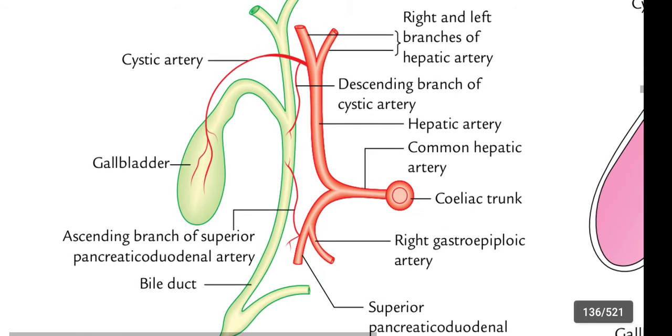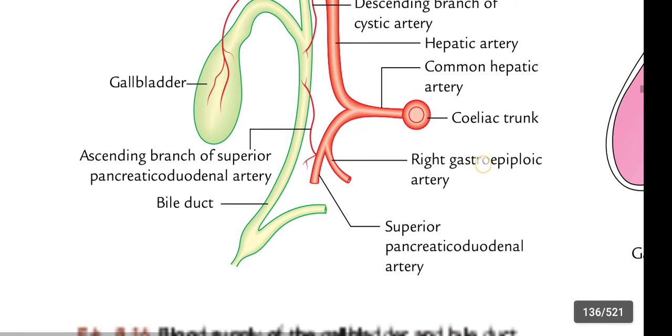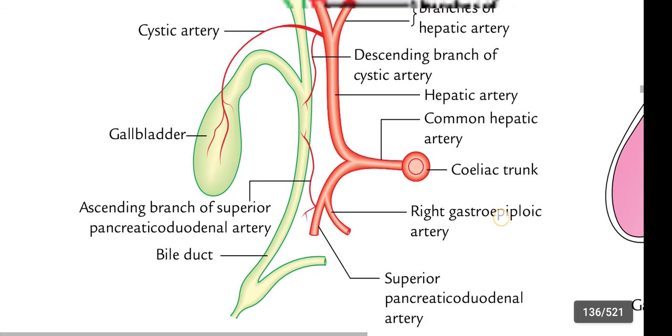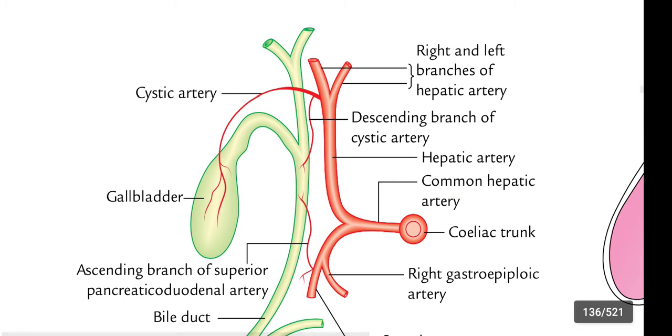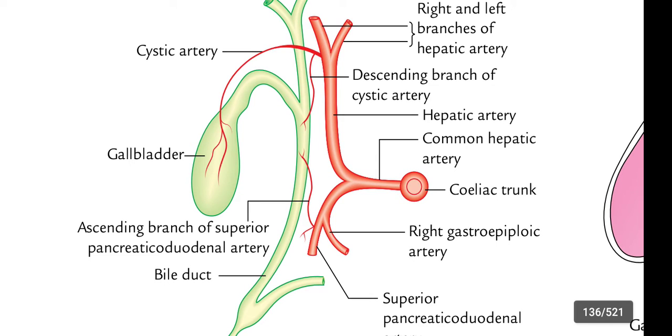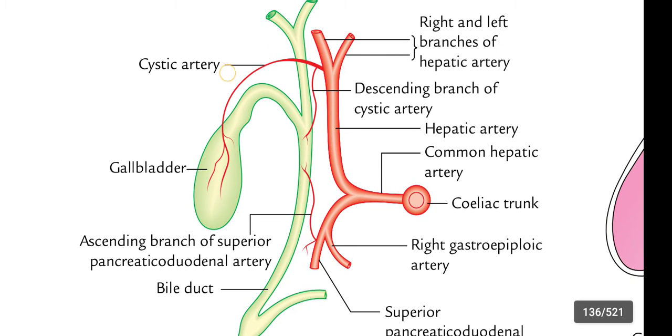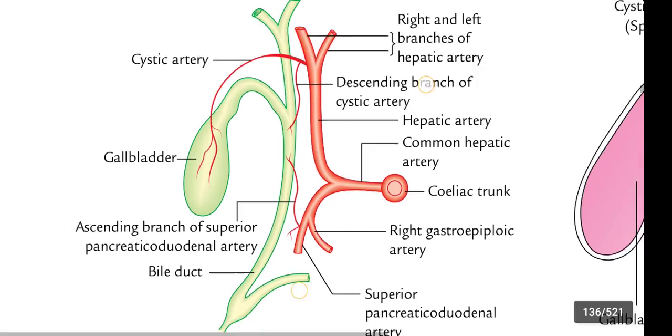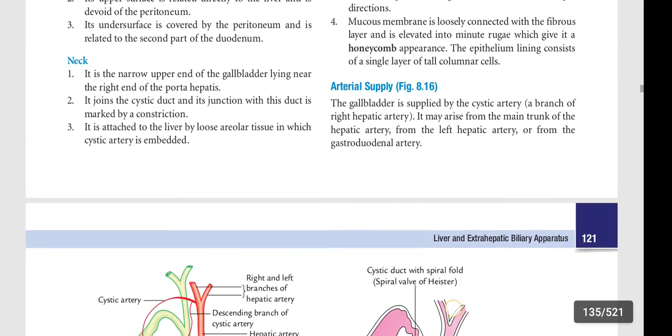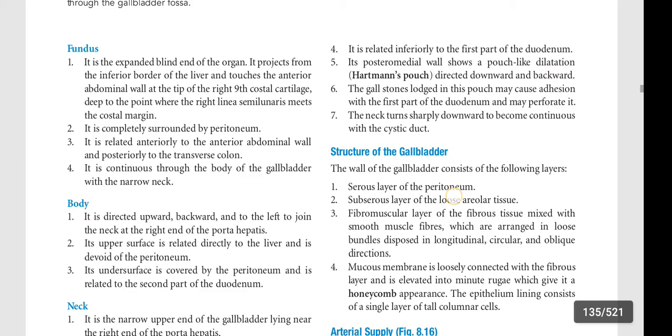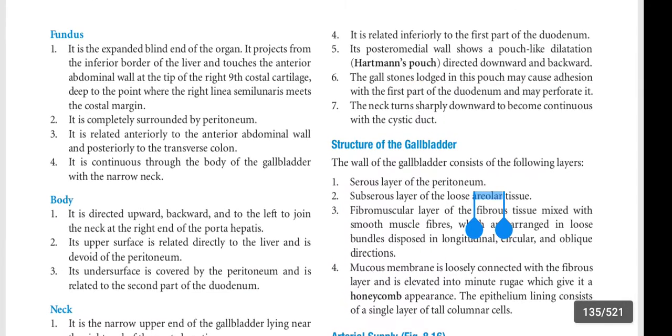This is the diagram that shows the arterial supply of the gallbladder. Bile duct, cystic duct.